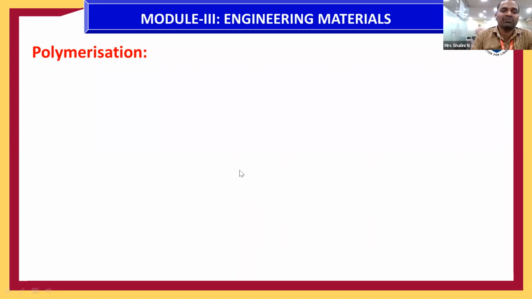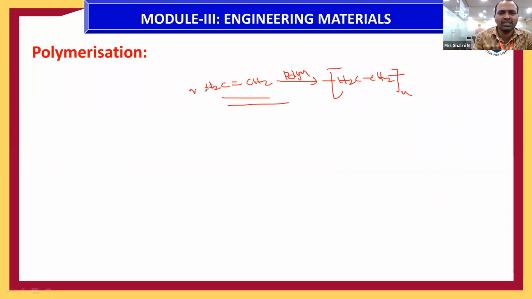For example, without elimination, take the same molecule, H2C=CH2, ethylene. When it undergoes polymerization, it forms H2C CH2 taken n times. Here there is no elimination of small molecules.